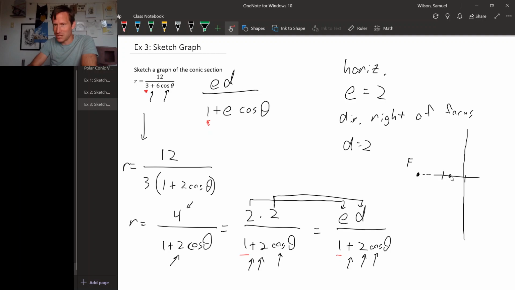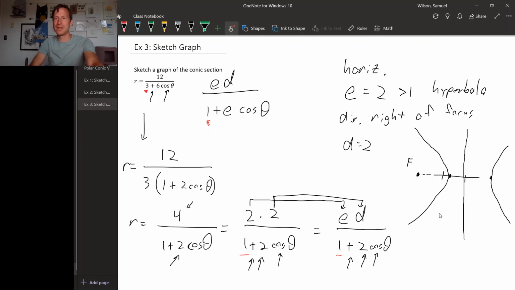So it looks like about here. And since this eccentricity is greater than 1, that means this is a hyperbola. Okay, so there's another point on the hyperbola somewhere out here, and we get something like this.